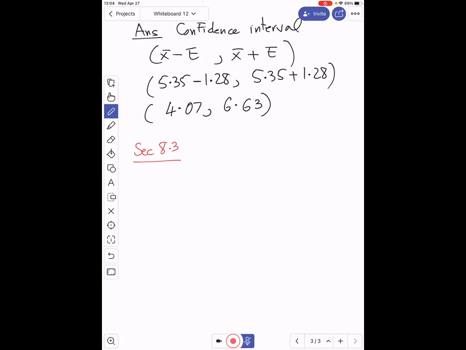So 8.3 is about estimating the probability of success P in the binomial distribution.